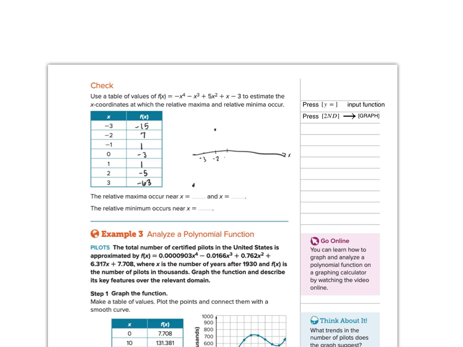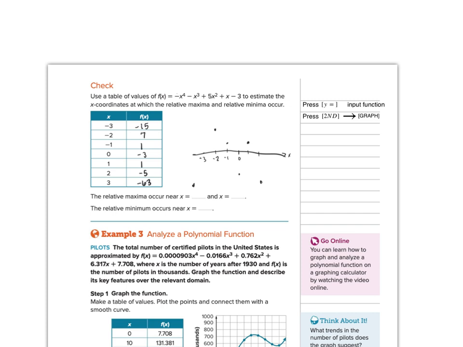Then at -1, I went to a 1. Then at 0, I'm at -3. Then at 1, I'm at 1. And then at 2, I'm at -5.